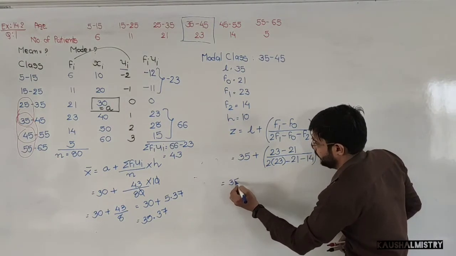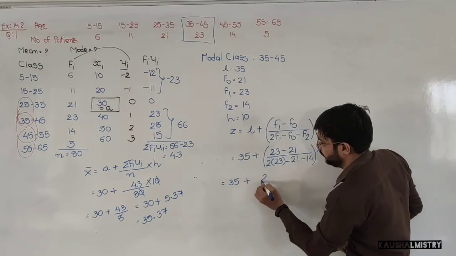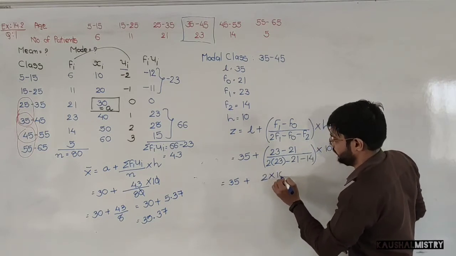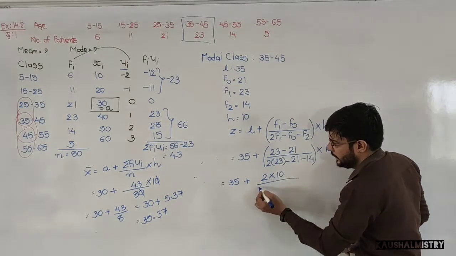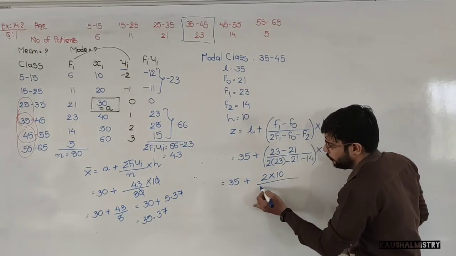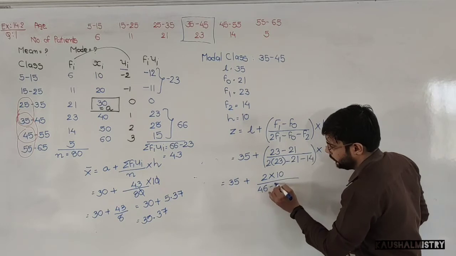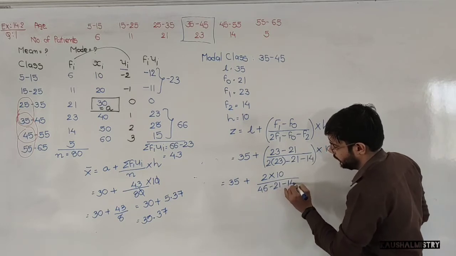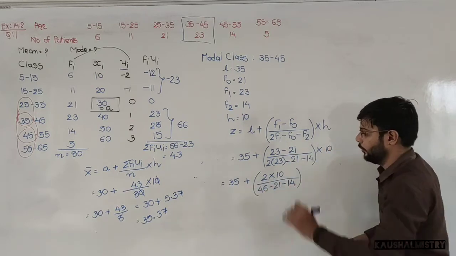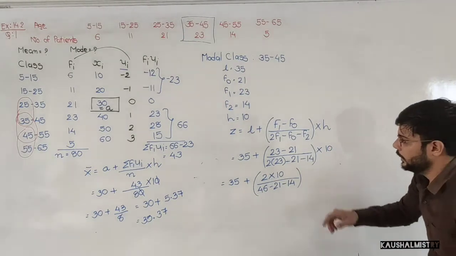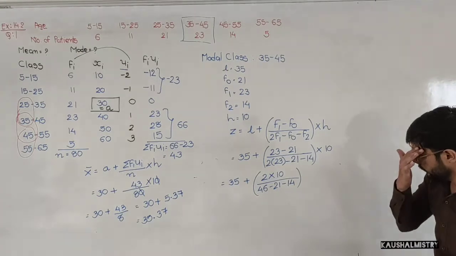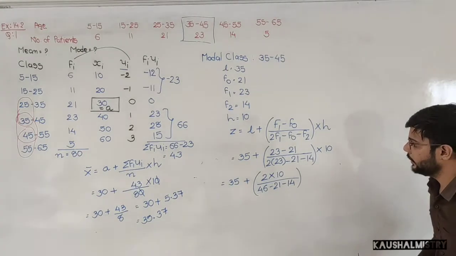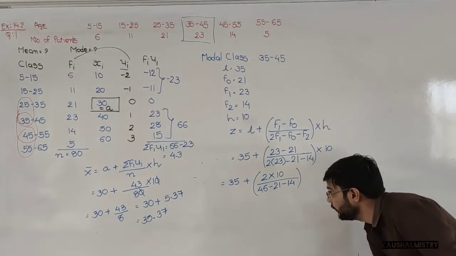So this will be 35 plus 2 multiplied by 10 upon 2 multiplied by 23, that is equal to 46, minus 21 minus 40. So 2 multiplied by 10, 46 minus 21, that is 25, 25 minus 40.